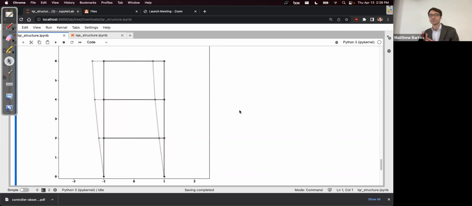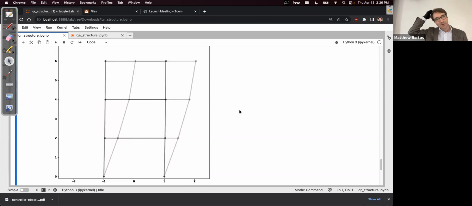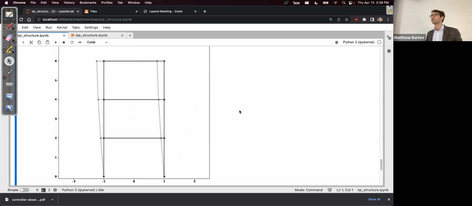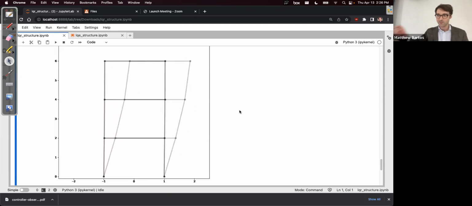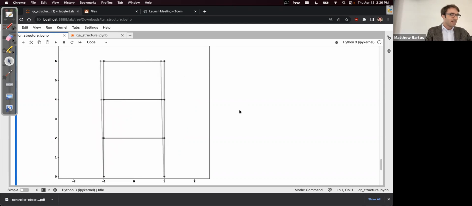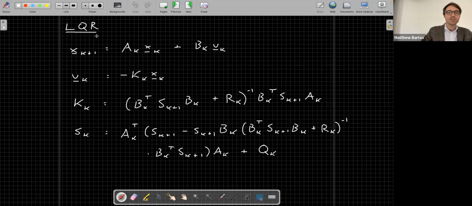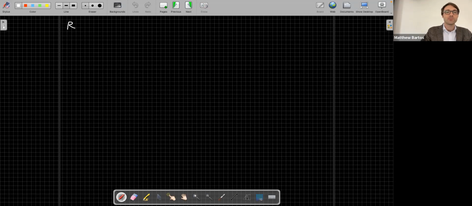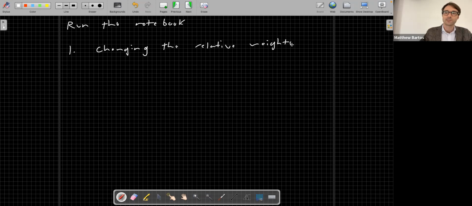Okay, so what I want you to do just for the next 5 minutes or so is go through and run this notebook, and I want you to try two things. Run the notebook, and try changing the relative weights on Q and R and see what the response looks like.